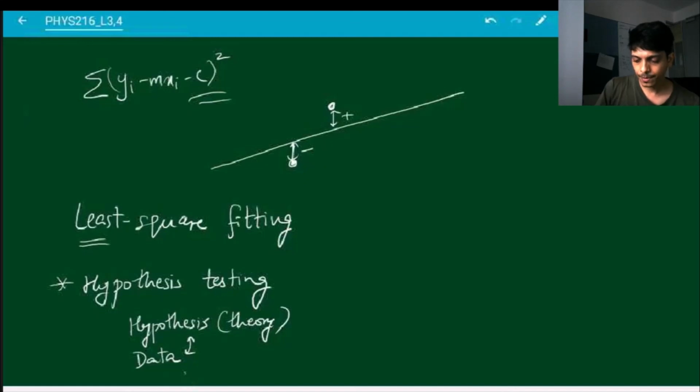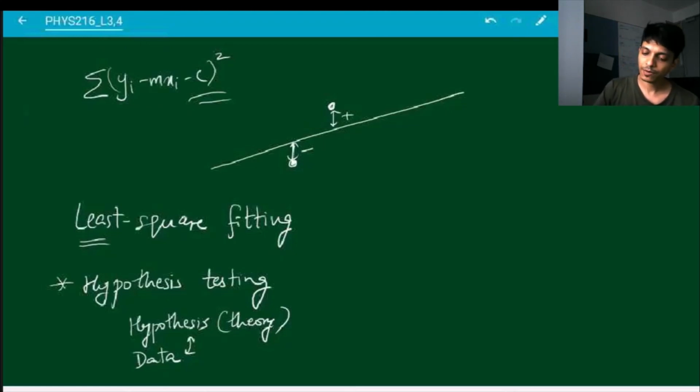If the two match well, then you say that okay, my hypothesis is correct, my theory is correct. Well, not correct, but it is validated. And if they are not in accordance with each other, then you will reject your theory because the data doesn't match with the theory.